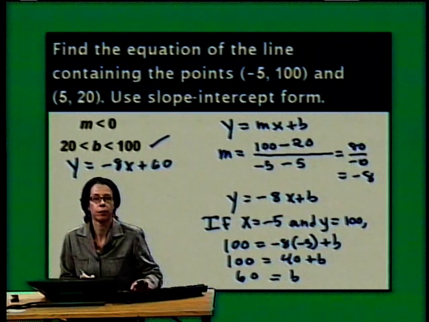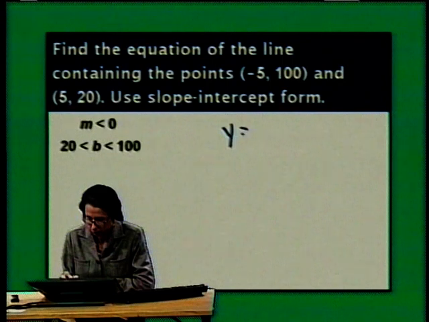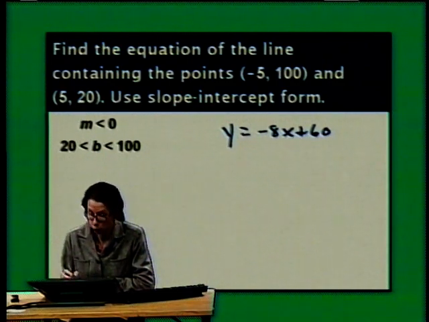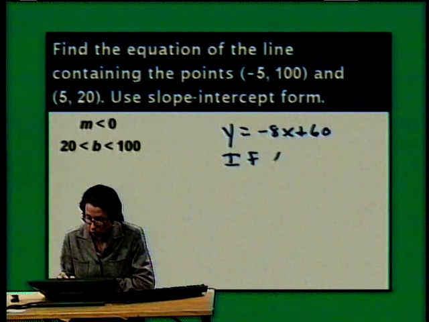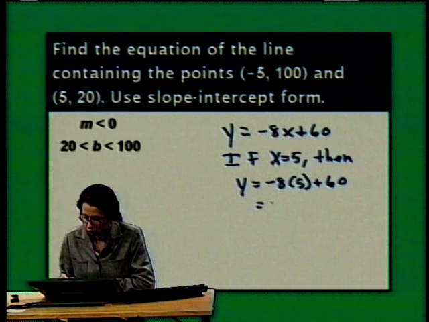Let me check. So I'm going to check by using the second ordered pair that I didn't use to determine b, and that's 5, 20. So if x equals 5, then y equals negative 8 times 5 plus 60, which is negative 40 plus 60, which is indeed 20.